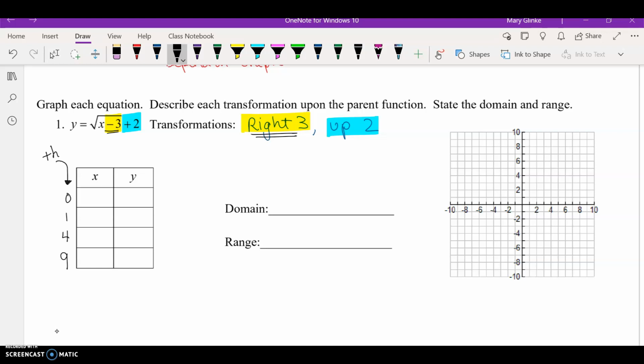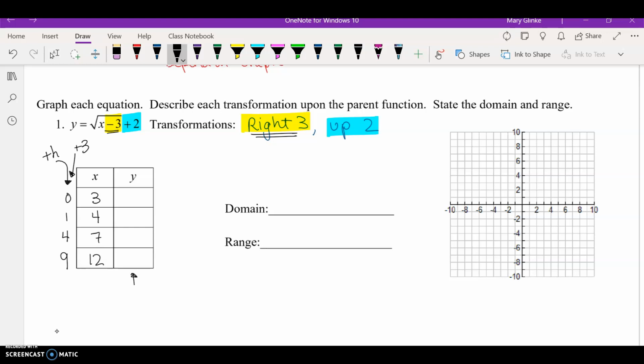For these ones we said we'll move right 3, which means we're going to be adding 3. So we're going to do 0 plus 3 to get 3, 1 plus 3 to get 4, 4 plus 3 to get 7, 9 plus 3 to get 12.